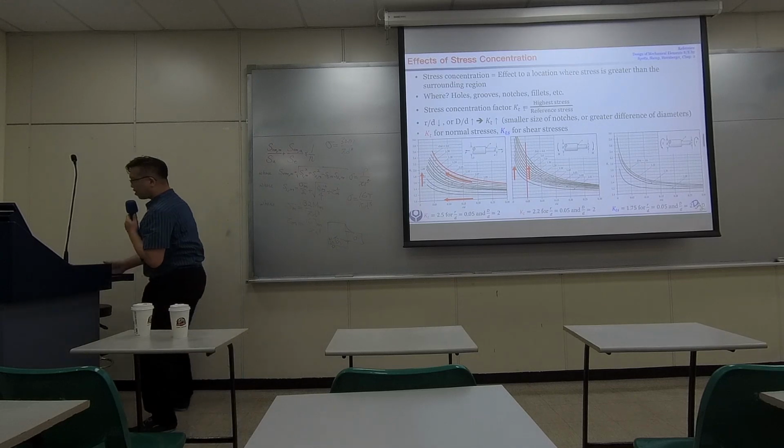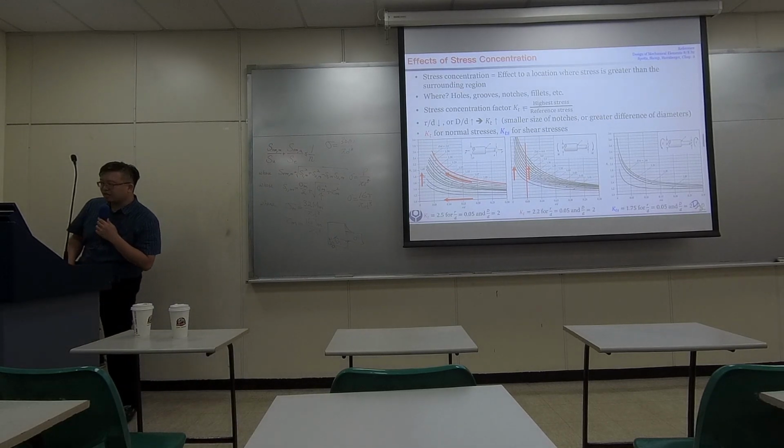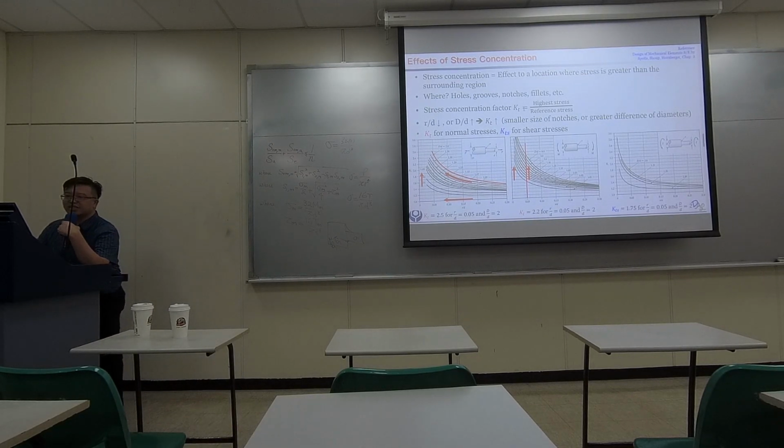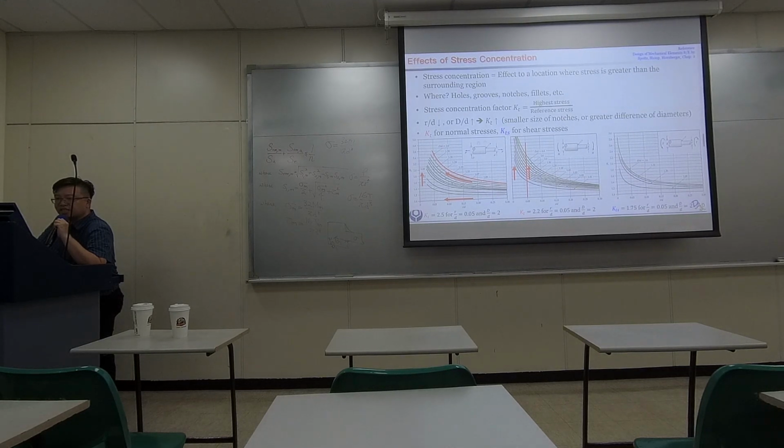Okay. So now you understand where we may have stress concentration. And we realize we have two kinds of symbols. One is called KT, the other one is called KTS. T represents static. S represents shear.